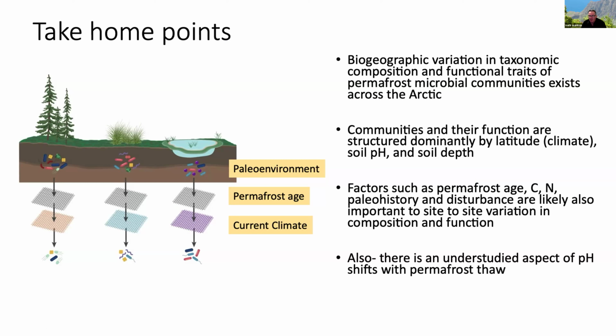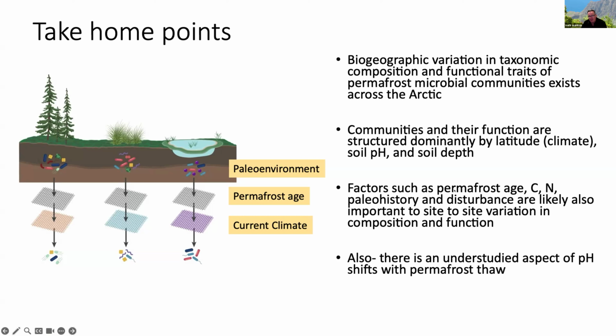Other factors, primarily permafrost age, but also carbon and nitrogen, did have some small statistical effect on community composition, so there is some evidence of a signal of paleohistory on microbial communities in these environments as well.